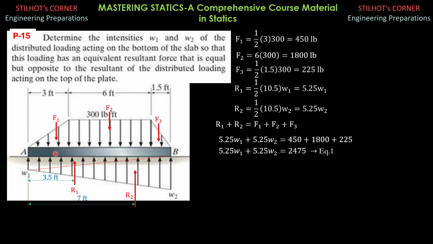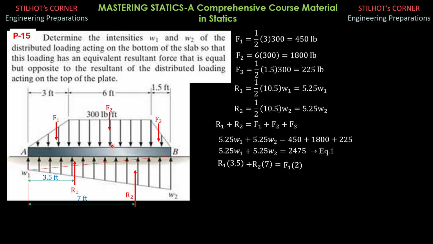So let's proceed. I select A as the reference moment center, and R1 times 3.5 plus, that's counterclockwise, R2 times 7, equals the clockwise moments. So F1 times 2, I hope you can analyze, it's 2 feet.